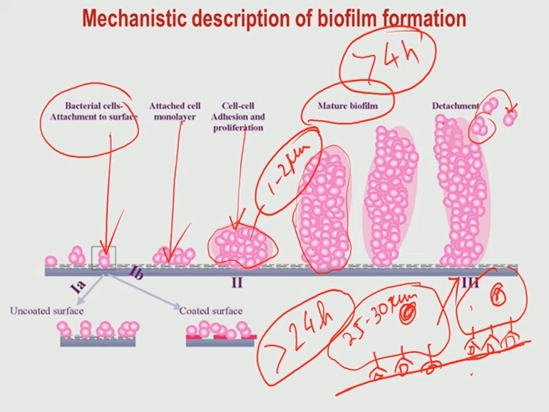This kind of comparison between the way eukaryotic cells and bacteria adhere and make colonies is very important for you to understand and assimilate.